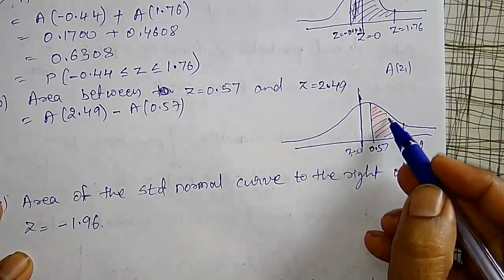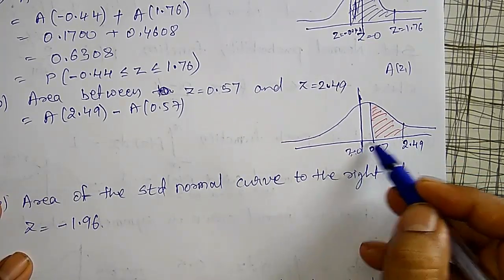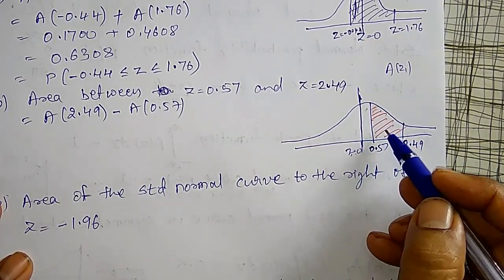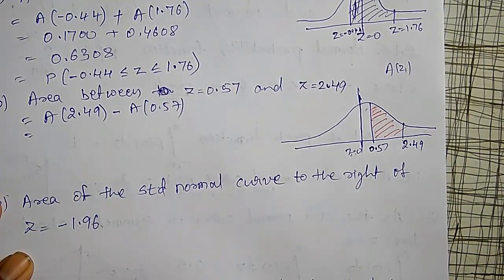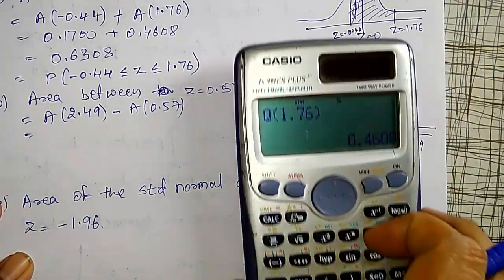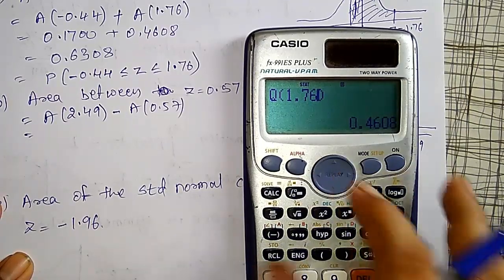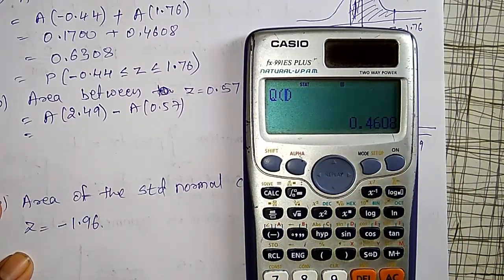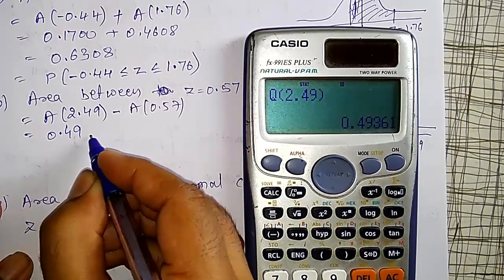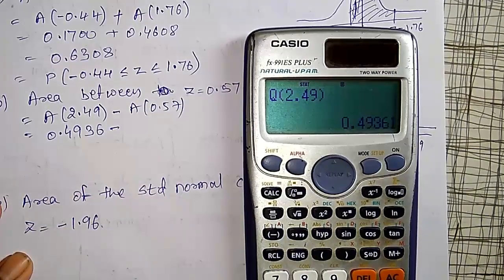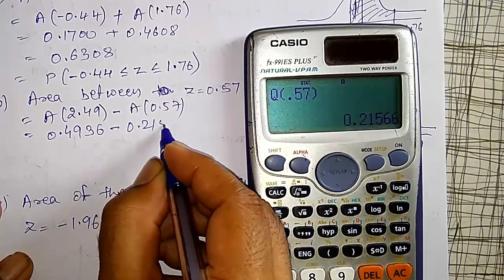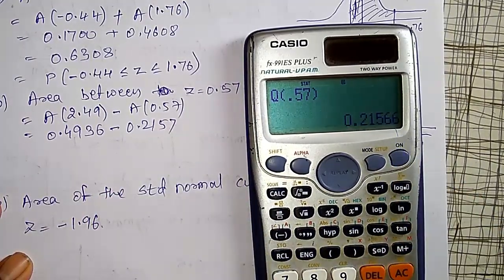If I am doing that, total area up to this minus this area, I will get the required area. You can use the calculator for that. The area of 2.49 is 0.4936 minus the area of 0.57, that is 0.2157, approximately.